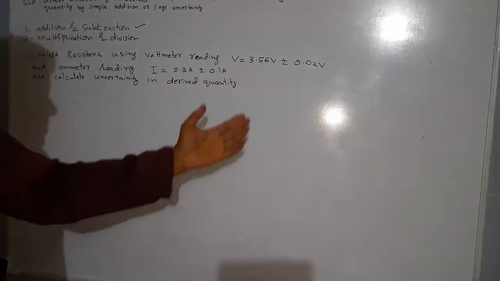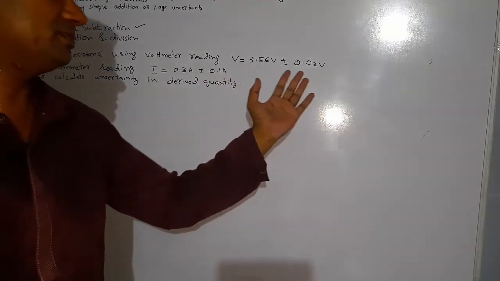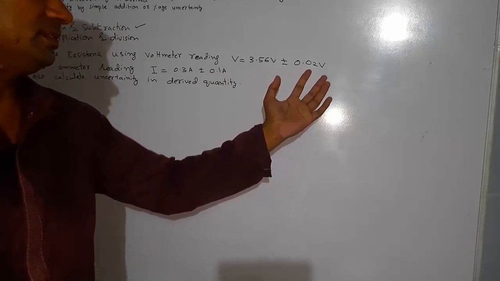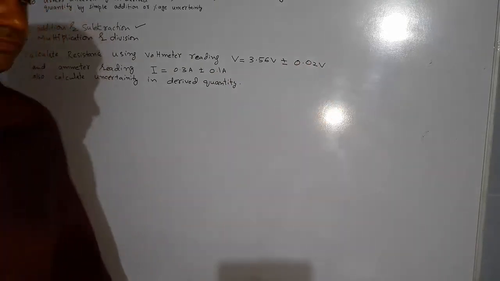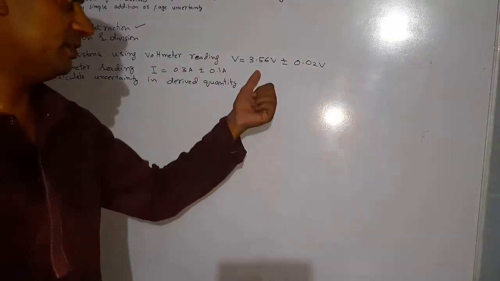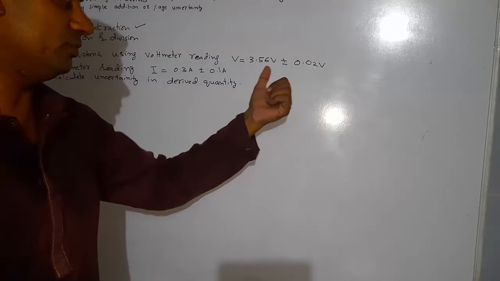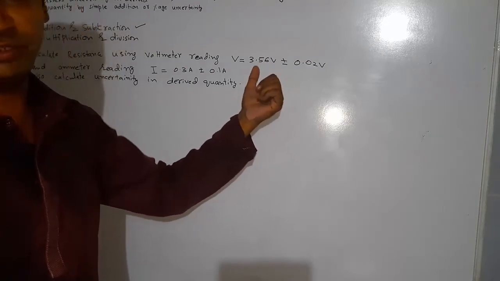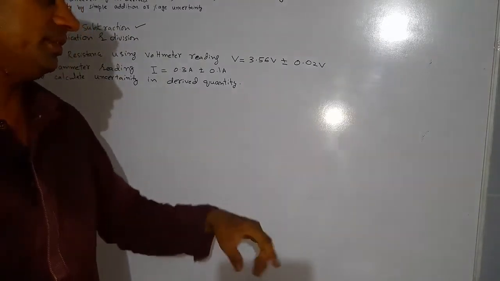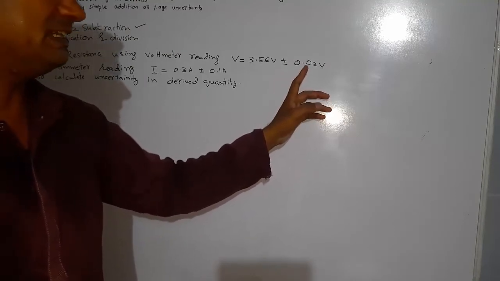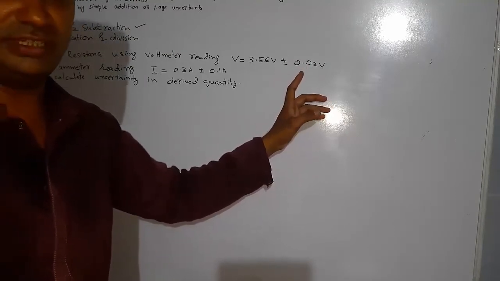Now the question arises, why have we written 3.56 volt and plus minus 0.02 volt? What does it indicate? No doubt 3.56 volt is the measured value from the voltmeter, meaning voltage is measured right here. After the plus minus, that must indicate its absolute uncertainty or simply the least count.